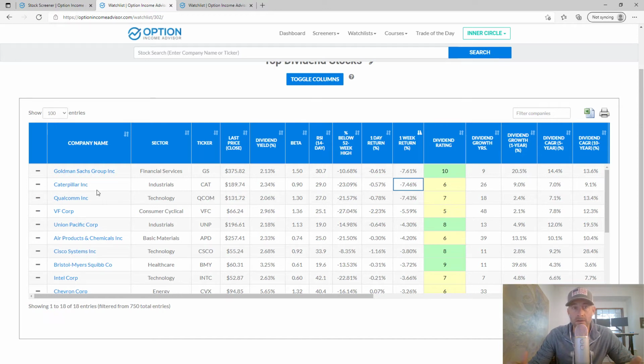As we near the peak in COVID, and we get more antiviral drugs out there, more people vaccinated, and more people going back to normal life, I think all of these cyclical stocks will do well. So your industrials, your materials, and financials should do well as interest rates continue to go up.